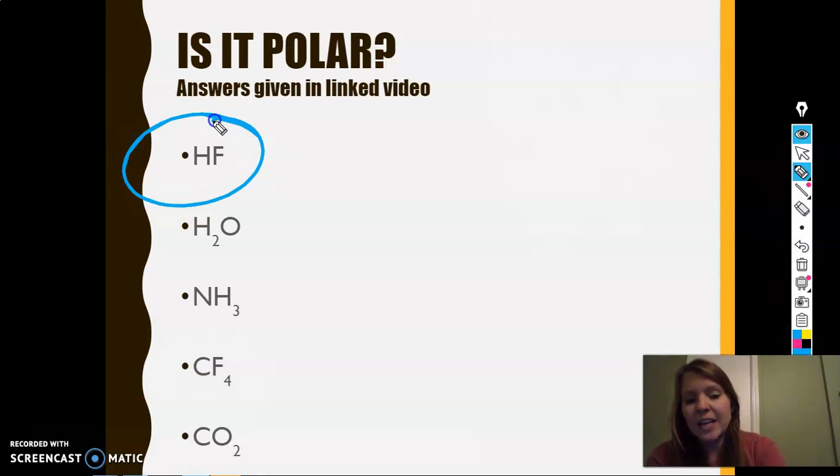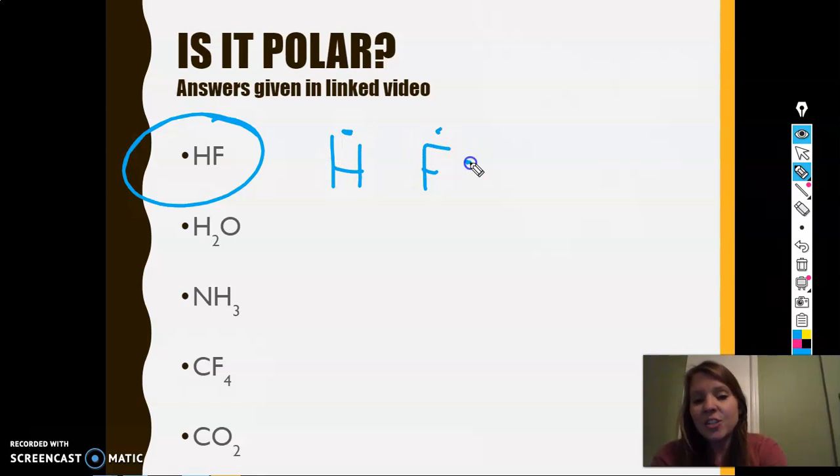Our first one is hydrogen monofluoride, which really would be an acid, hydrofluoric acid. Hydrogen has 1 valence electron. Fluorine is a halogen, so fluorine has 7. They're going to want to share that one, which gives the fluorine its noble gas configuration, but it also satisfies the hydrogen.